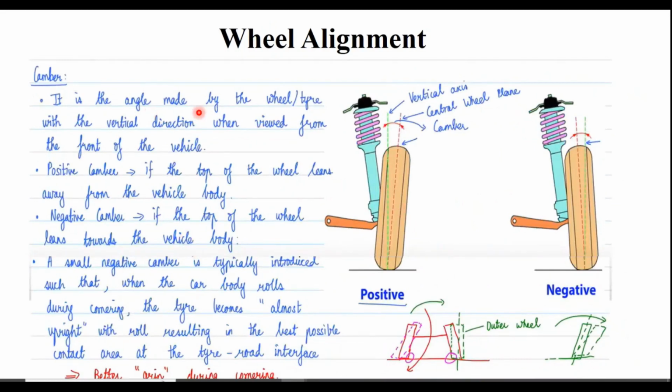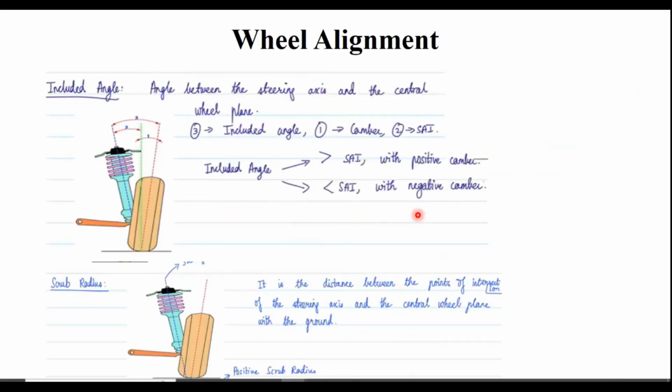The angle made by the wheel or tire with the vertical direction, when we are viewing it from the front of the vehicle, you call this camber. This is the vertical direction, this is the center of the wheel plane, and you are viewing the vehicle from the front.